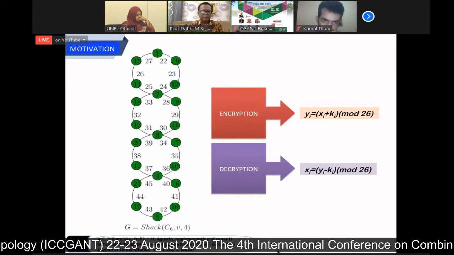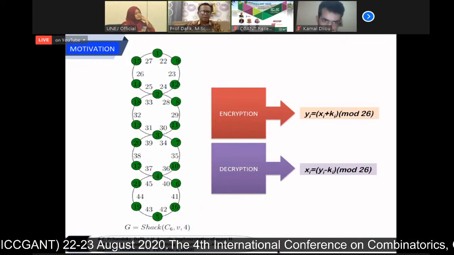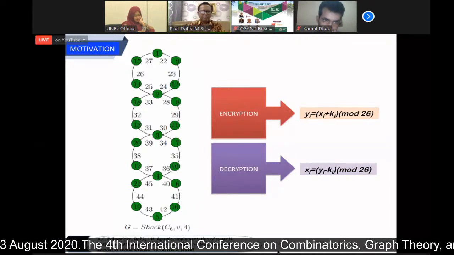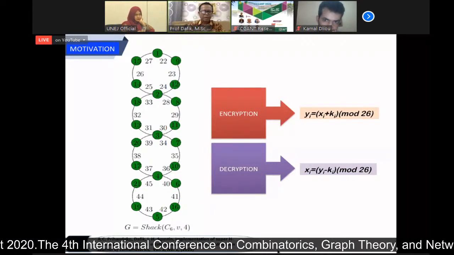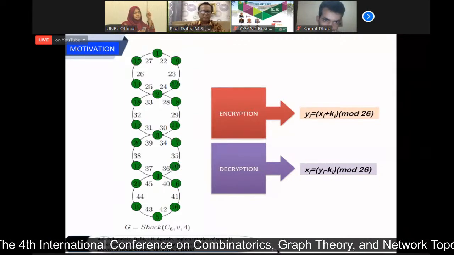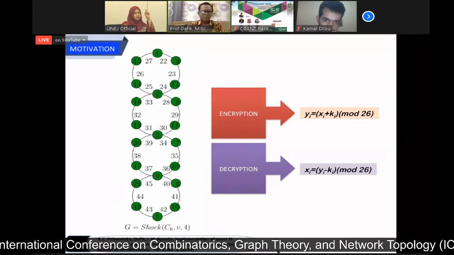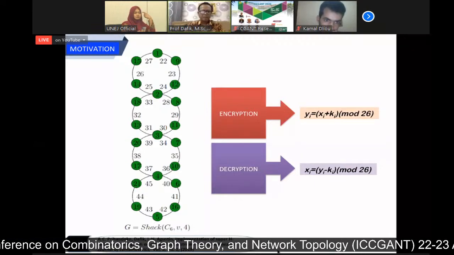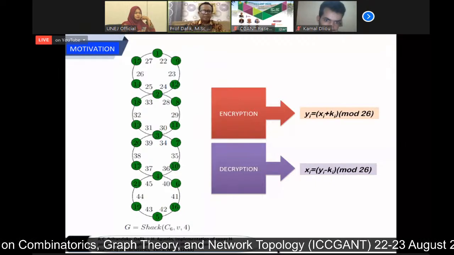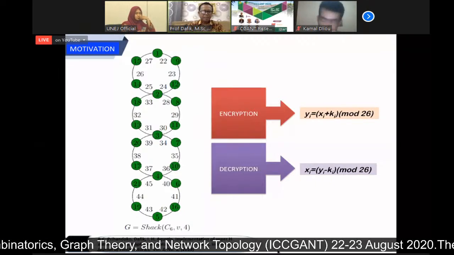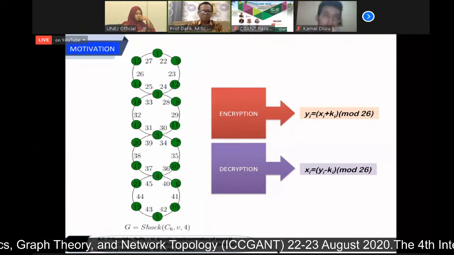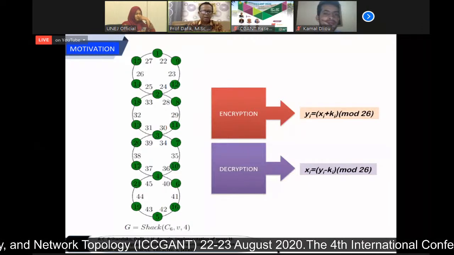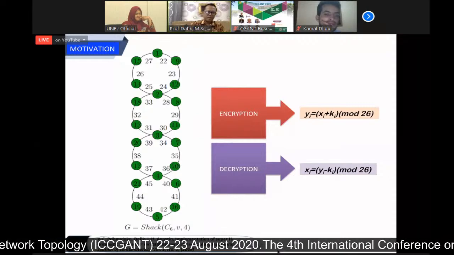Because it represents the Roman alphabet, from A to Z we count 0, 1, 2 until 25. For the decryption process, we just take the inverse of the linear equation, xi equals yi minus ki modulo 26.